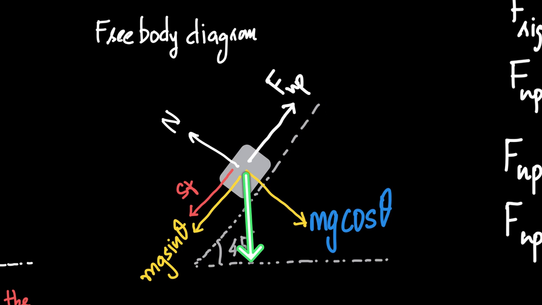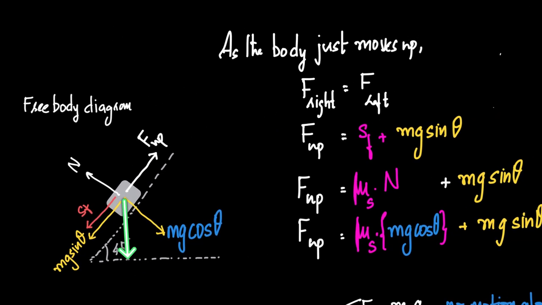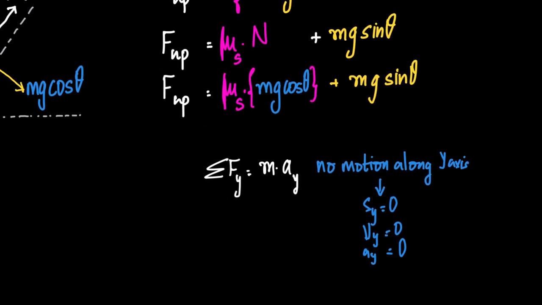One more time, weight can be resolved into two components. Number one, the parallel component, which is parallel to the inclined plane, and the other component, which is perpendicular to the inclined plane. The rest of the forces remain the same, which is N, static friction, and force up. All right.